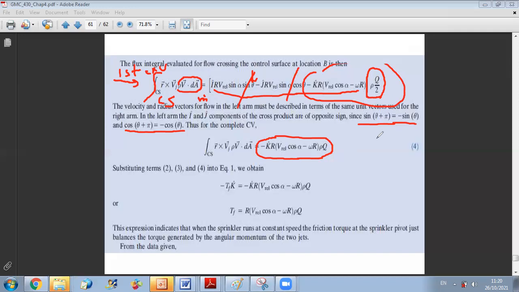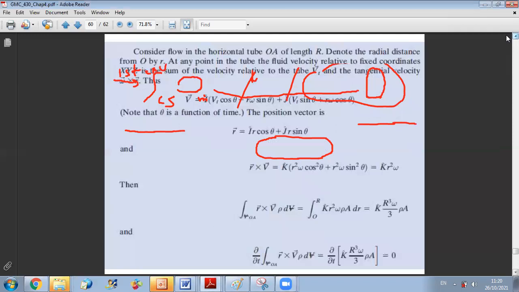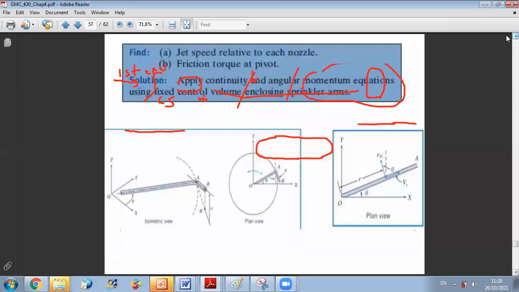All I have to do, if you remember what the question was, my purpose was to get the friction torque, okay? And to get the friction torque, I applied the angular momentum law. This law tells me that the sum of couples acting on my system, and here the only couple is the friction couple, which opposes rotation, is equal to the transient term, which was demonstrated to be 0, plus the fluxes of angular momentum crossing the control surface.